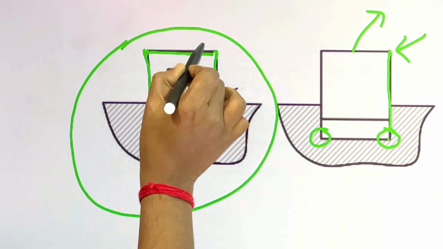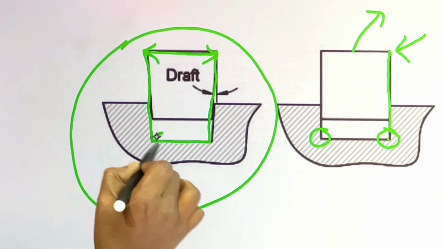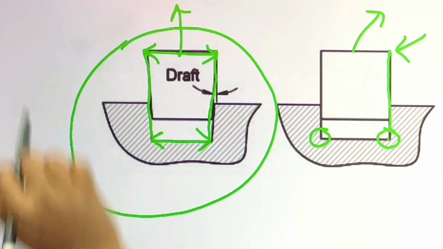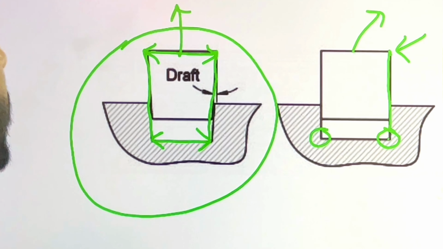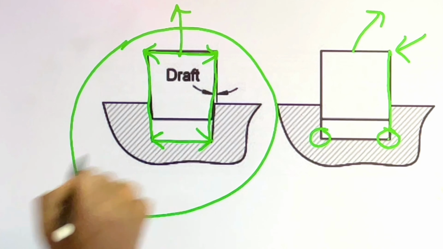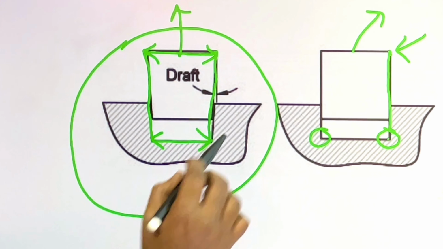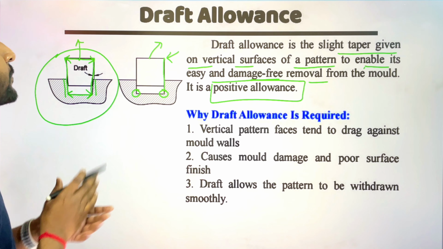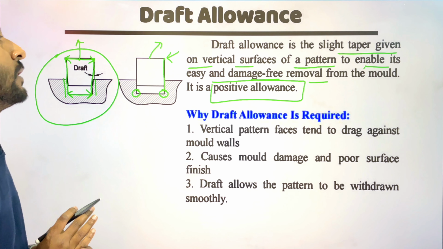Here the dimension is maximum and here the dimension is minimum. So when we are removing the pattern from the mold cavity, the surfaces will not be in contact with the edges of the mold cavity. So it will not damage the cavity. That's why we are adding draft allowance to the pattern.